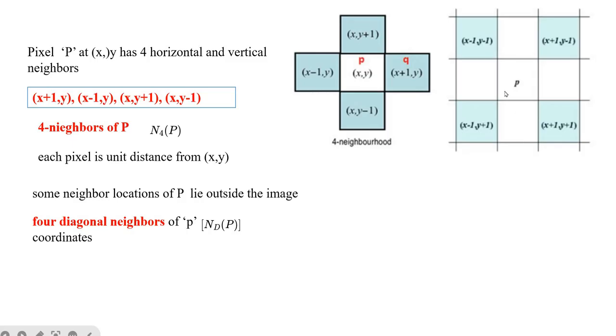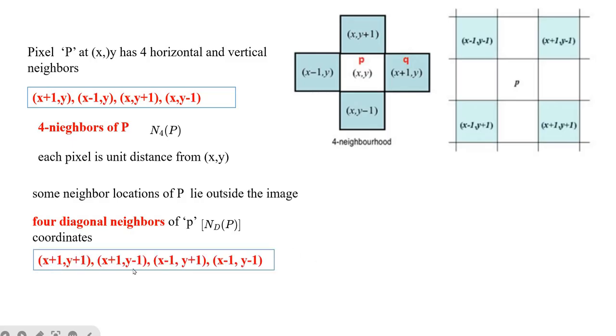The blanks were the 4 neighbors, and these are the diagonal neighbors. These are not adjacent to P, whereas they are diagonal to P. These are the coordinates of the diagonal neighbors: x plus 1, y plus 1, then x plus 1, y minus 1, then x minus 1, y plus 1, and x minus 1, y minus 1.